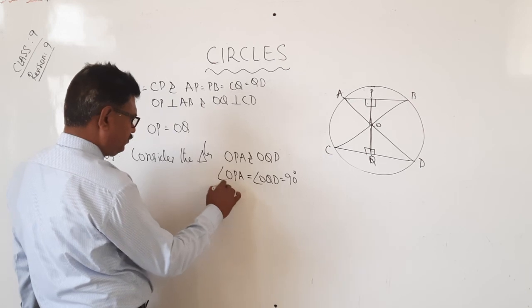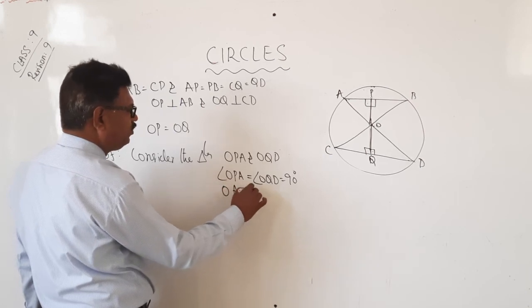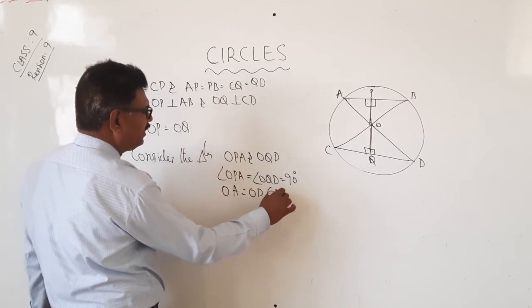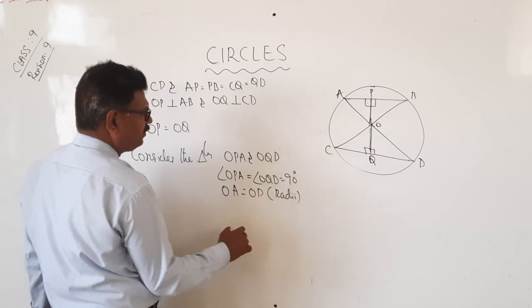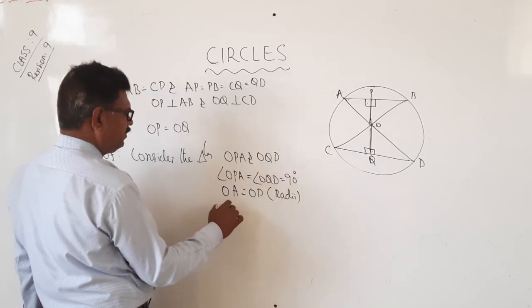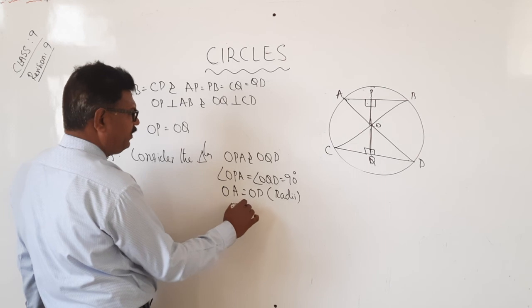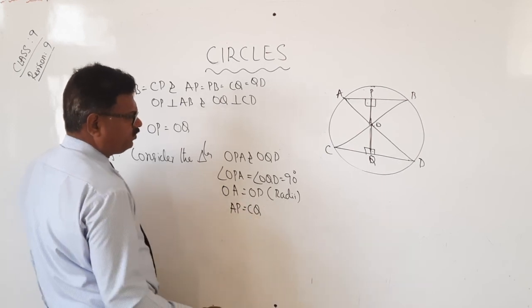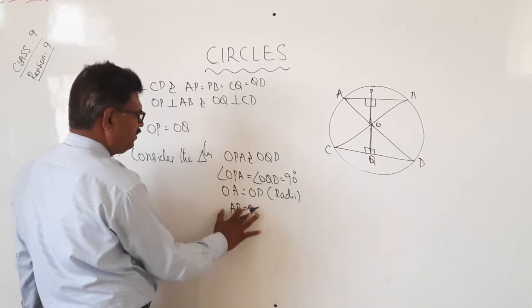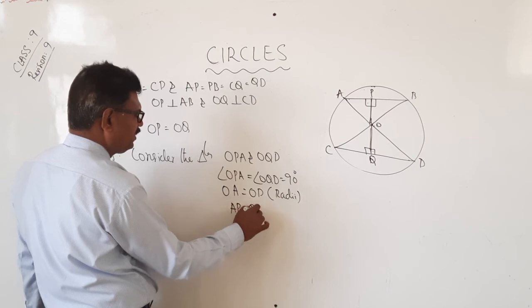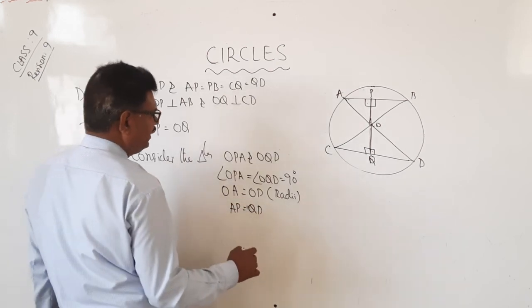Next, OA equal to OD, radii. AP will be equal to CQ, sorry, QD, right?